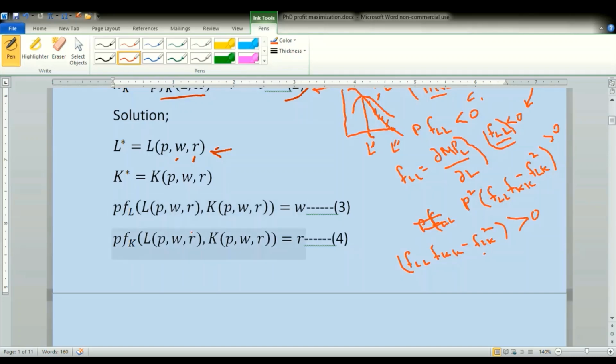Now let's move ahead. In the first equation, I inserted the labor demand function and capital demand function.